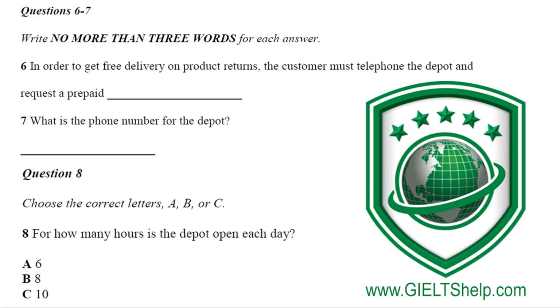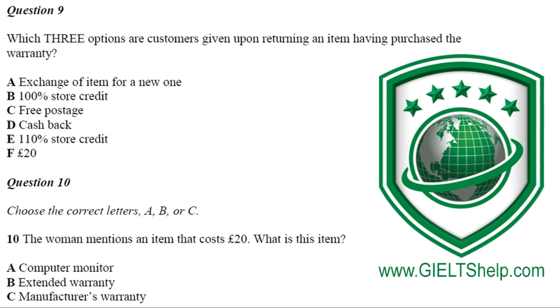Do you have a phone number for the depot in Birmingham? Yes, you can reach them on 0121 496 0633. Oh, and be sure to call during business hours. They're open from 10 in the morning until 6 in the evening. 10 until 6, understood. One final question. What would I have had to do to return the monitor if I had purchased the extended warranty from your store? Well, the process would have been much simpler, sir. You could have simply brought it into the return desk at your local store.